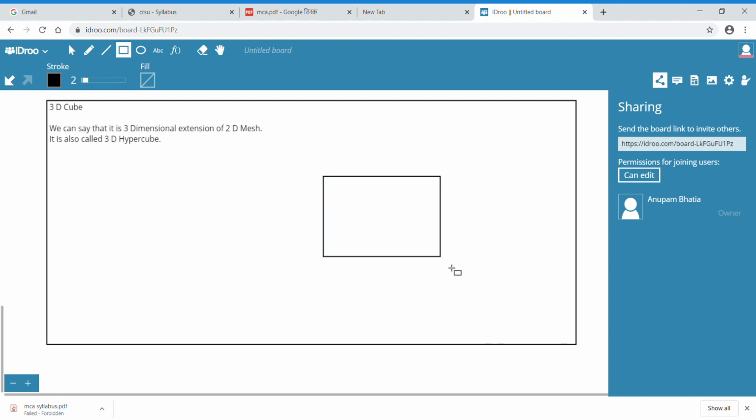See here, just like this box, and after that I'm working on this one like this.